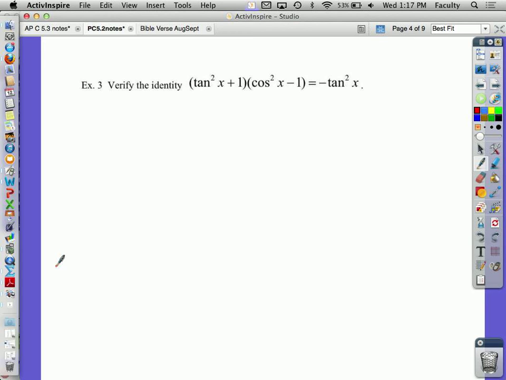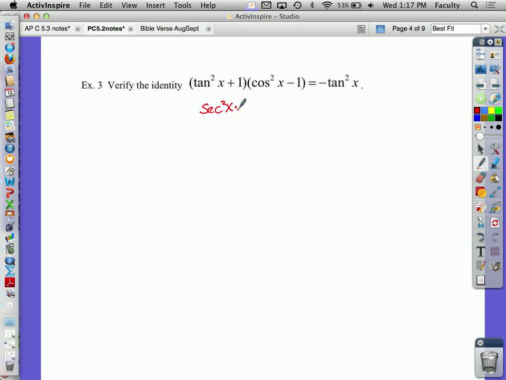Right, if you're foiling, you're doing this the long way, okay? If you did foil, and that's honestly how I did it on my paper. So here's what a student showed me. They said, well, tangent squared x plus 1 is secant squared x, right?